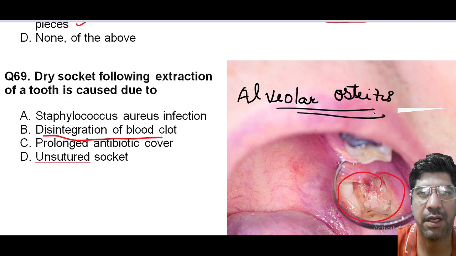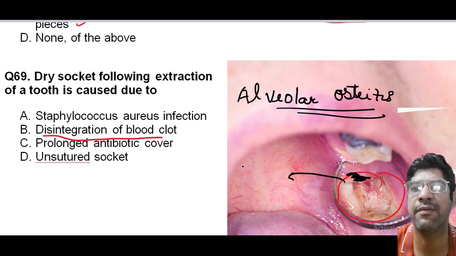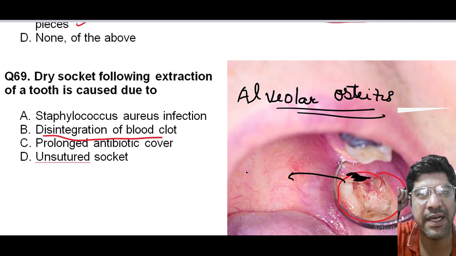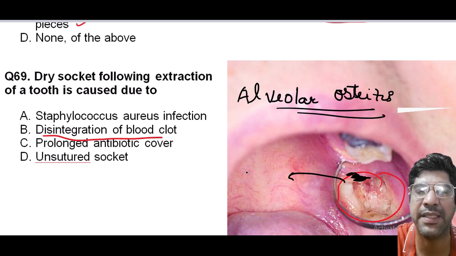So that occurs during the tooth extraction when the blood clot that normally forms in the socket gets disintegrated and that leads to exposed bone in the socket. So this bone would be extremely painful, and that would result in delaying of the normal healing process. So in the dry socket, the affected area will become inflamed and the patient will feel severe pain.